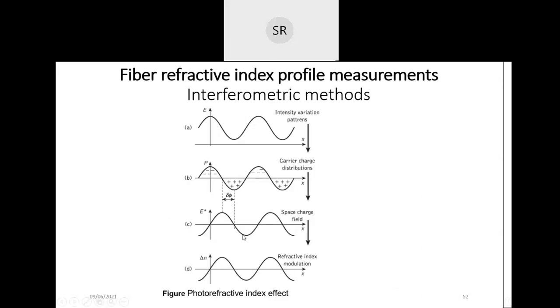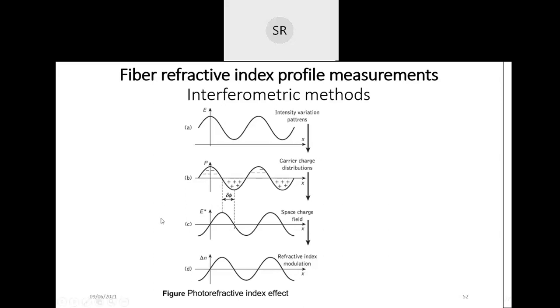you can see that there will be charge distributions at that particular place due to the space charge field, and that will modify the refractive index of that particular signal because of the variation in the phase, or the variation in the intensity pattern.